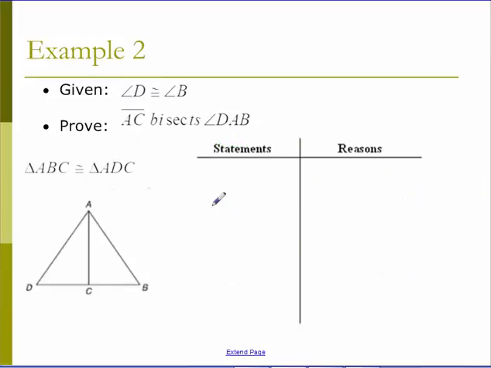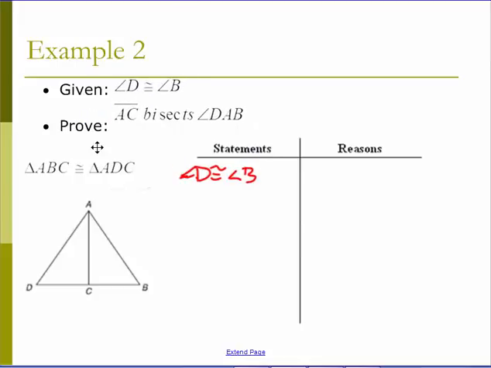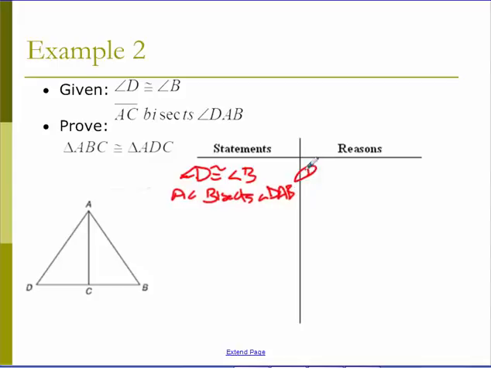All right. We know angle D is congruent to angle B, and this proof didn't show up quite right. This should be up by the given. This should be the proof statement. We also know that AC is a bisector, and it bisects angle DAB, and that's something to keep in mind, is that it only bisects that one angle.